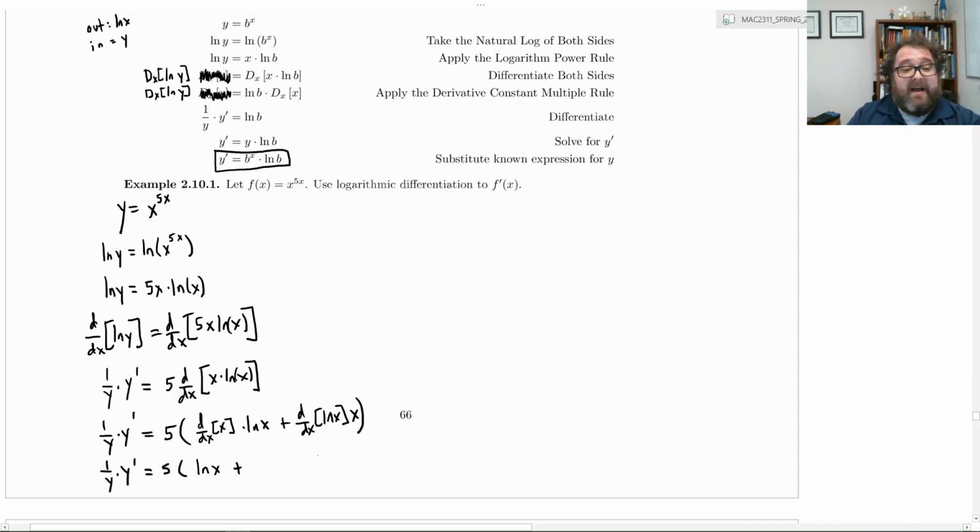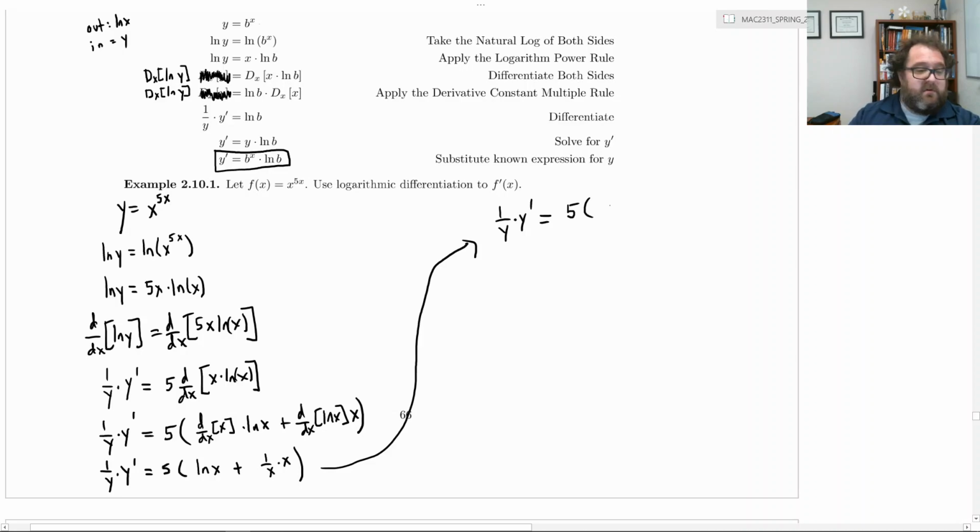So the derivative of natural log x is just 1 over x times the existing x that was there. All right. We have, again, 1 over y times y prime on the left-hand side. On the right-hand side now we have 5 times natural log x plus, okay, what's 1 over x times x? Well, it's 1. It's x over x, 1.